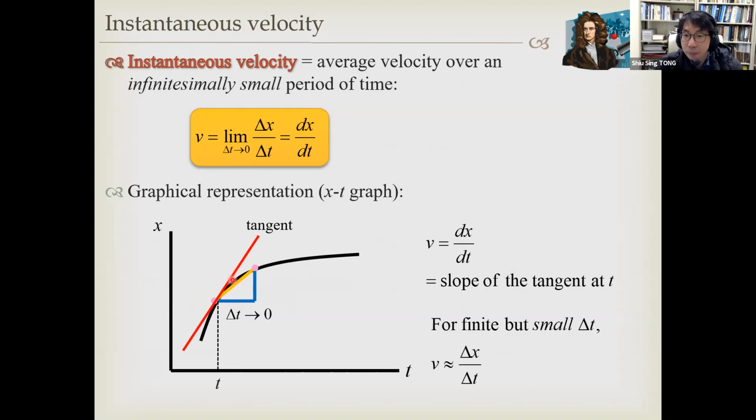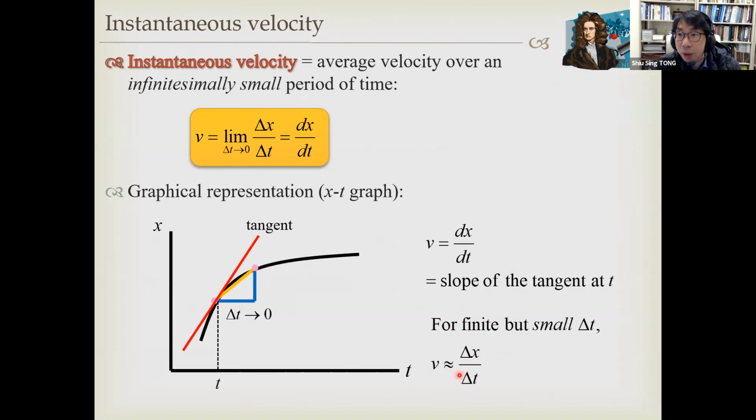Okay. Now, why do I say that? The mathematician may not be happy. Why do I say that? Because this approximation method is actually very useful, especially when we are trying to do numerical methods. We are going to introduce to you how to use a computer to solve a physical problem.